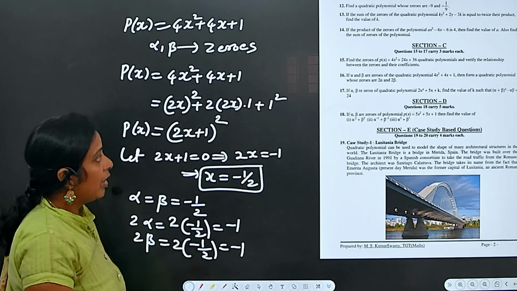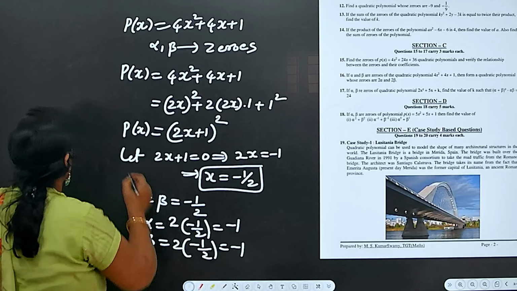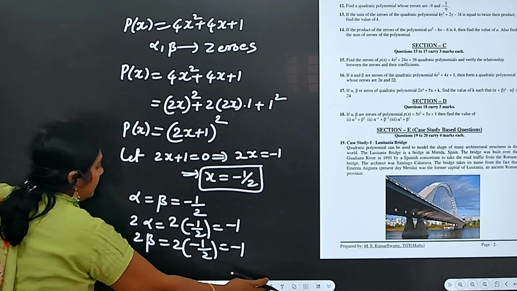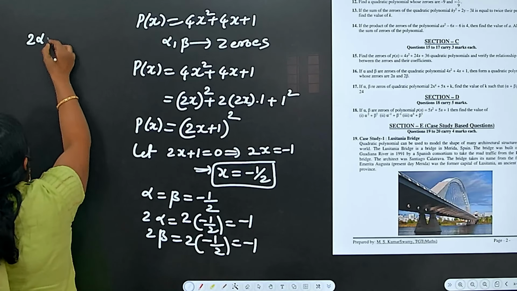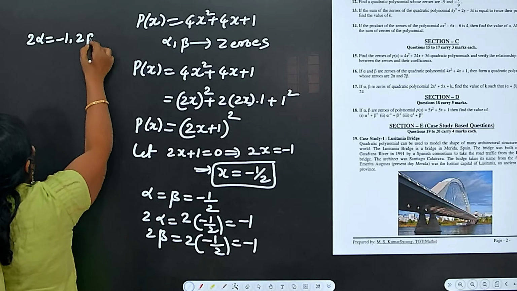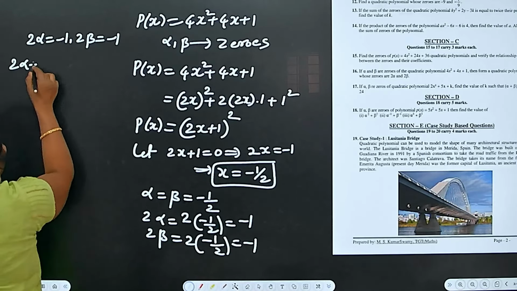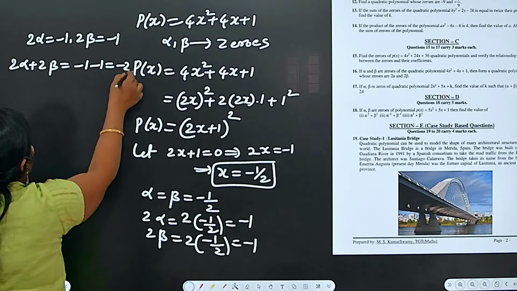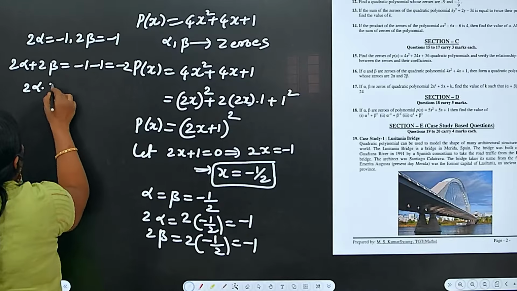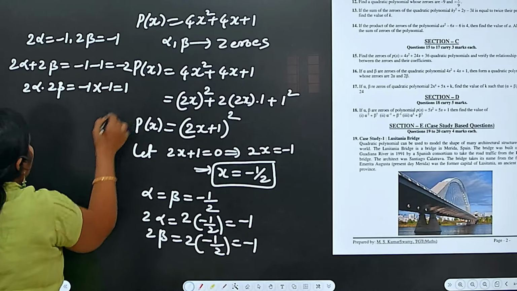Form a quadratic polynomial whose zeros are 2 alpha, 2 beta. 2 alpha equal to minus 1, 2 beta equal to minus 1. Sum of the zeros, 2 alpha plus 2 beta equal to minus 1, minus 1, minus 2. Product of the zeros, 2 alpha, 2 beta equal to minus 1 into minus 1, it's a plus 1.